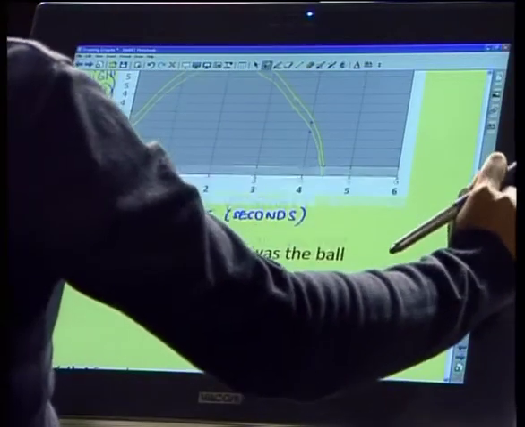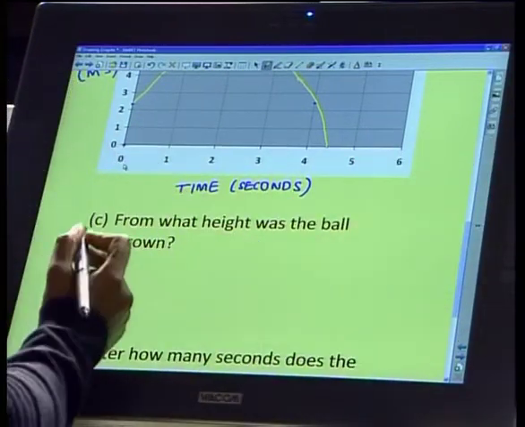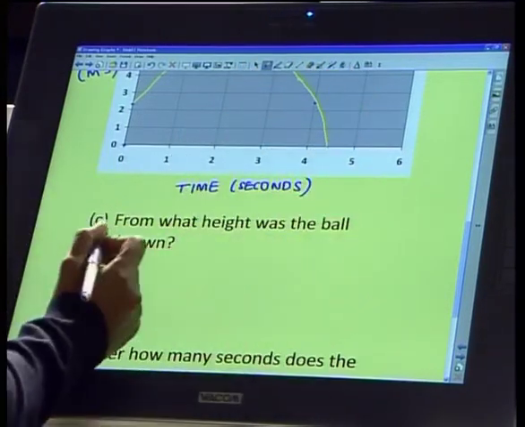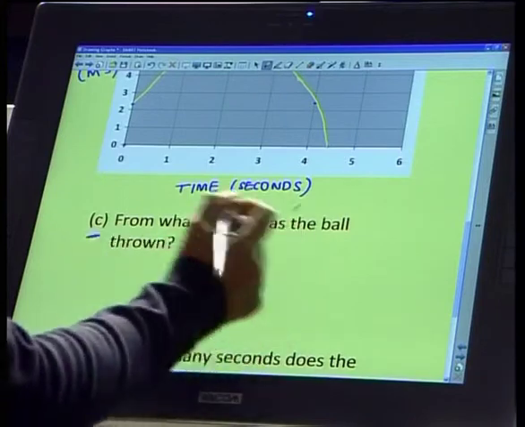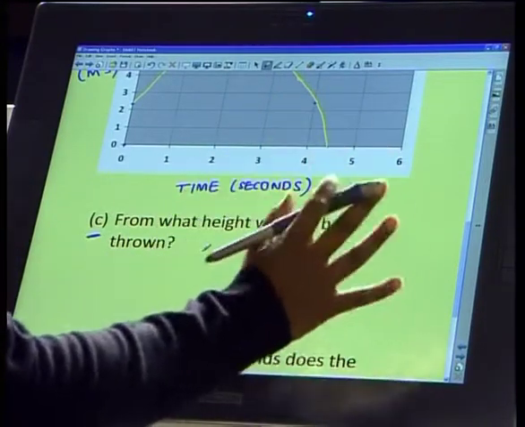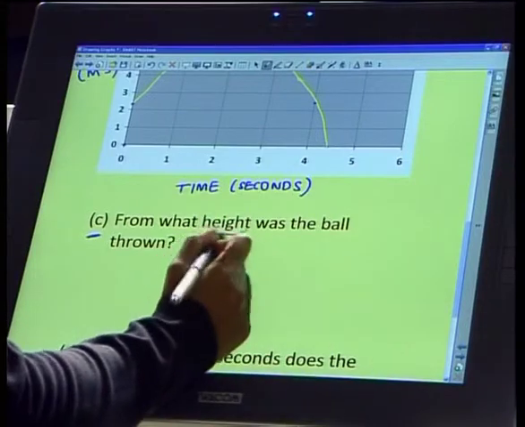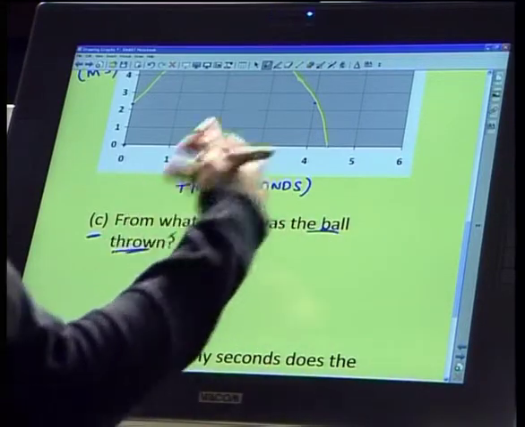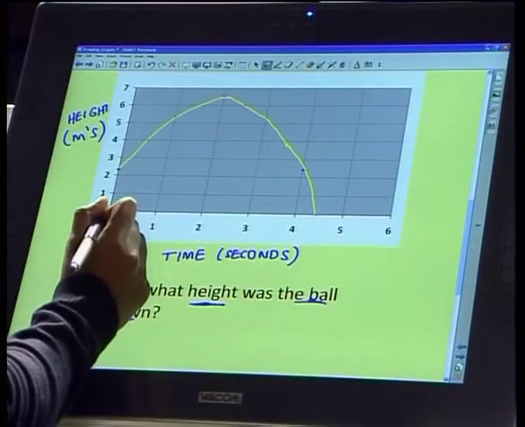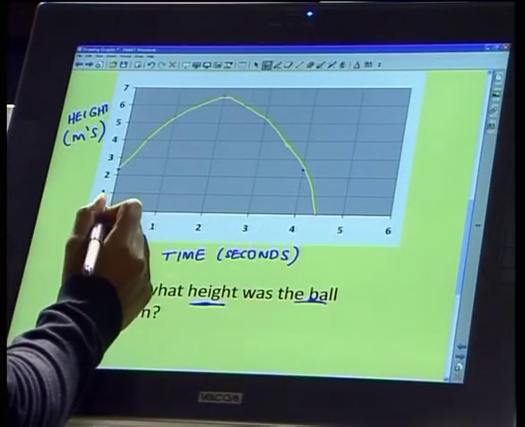All right, and that's the basic path that this ball is going to take. So for the C part, they want to know from what height the ball was thrown. Very often when you draw these types of graphs, you will be asked questions on them, so you need to understand what your graph is saying. From what height was the ball thrown, so how far off the ground? You can see clearly that this ball didn't start at 0, on the ground.